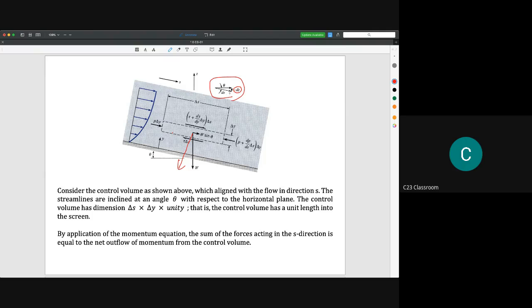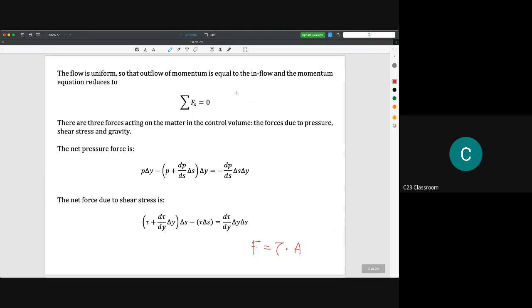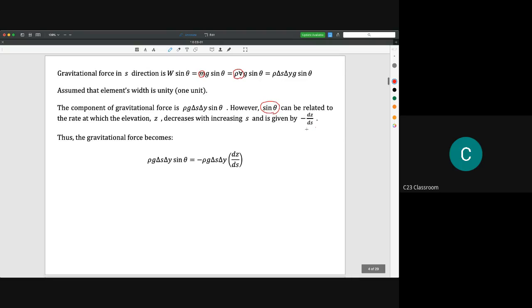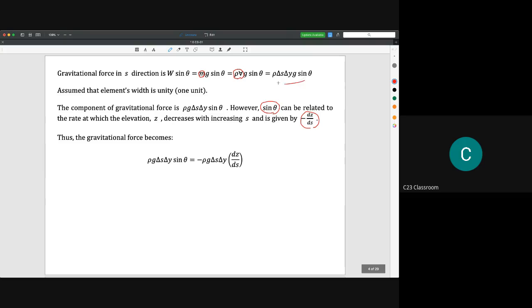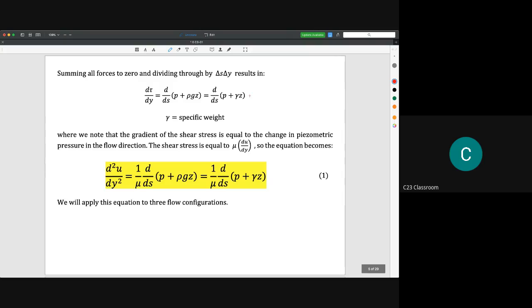So sine theta is equal to minus dz over ds. Then we substitute all the values: we add this value with this value and also this value, set it equal to 0, and finally we can write down this term.